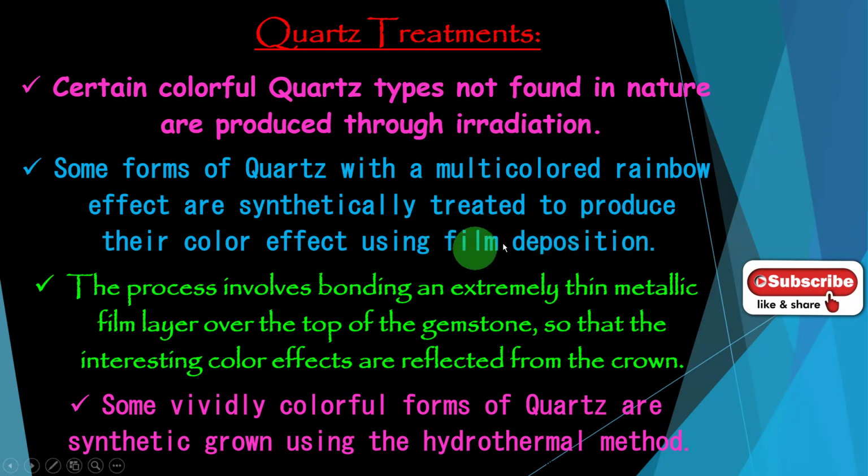The process involves bonding an extremely thin metallic film layer over the top of the gemstone so that the interesting color effects are reflected from the crown. That is the way. Those are the treatments.